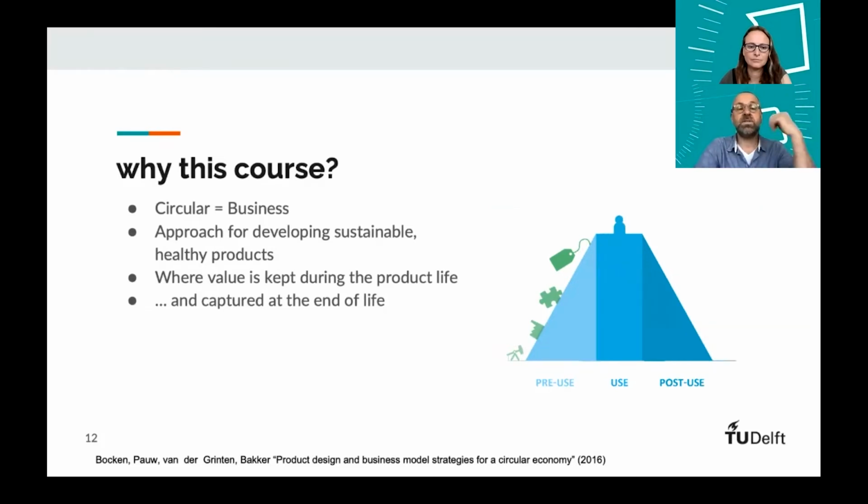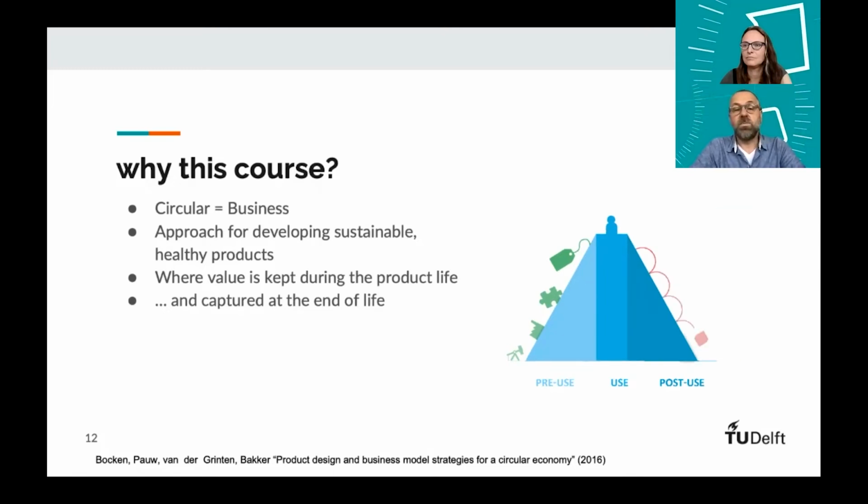On the left side, materials are sourced and manufactured, parts are assembled, and it's sold to the user. That's adding value to materials. After use, it's mainly destroyed in the linear economy. Of course, we can extend life by means of repair and maintenance.